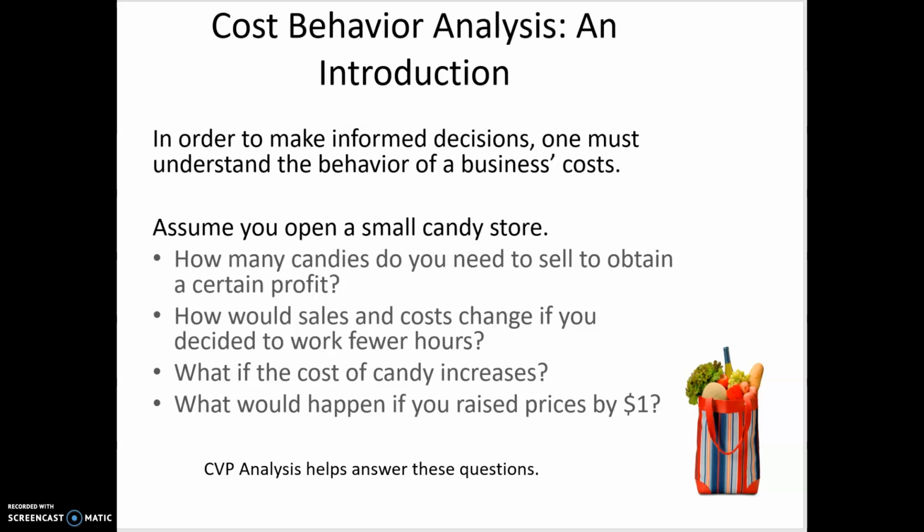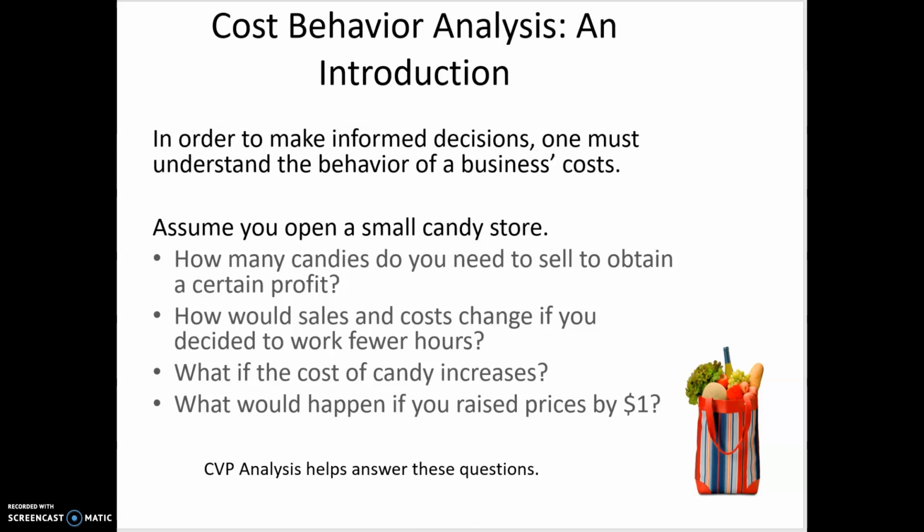And just to illustrate some of the things that involve CVP analysis, the example they give you is that you have a candy store. How many candies do you need to sell to make a certain profit that you have set as your goal?